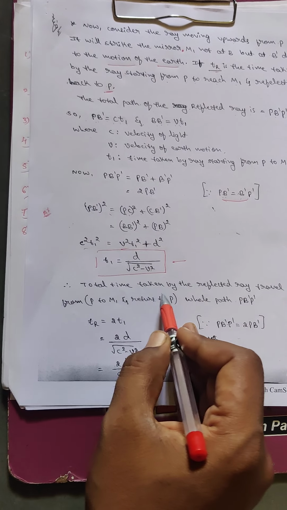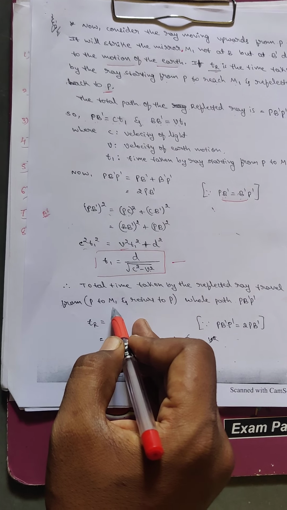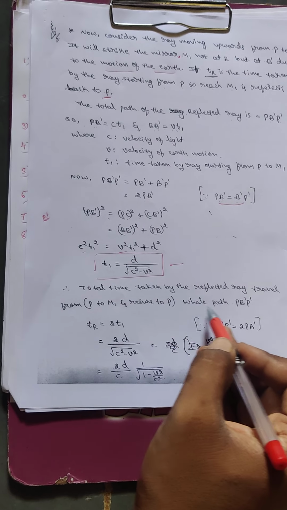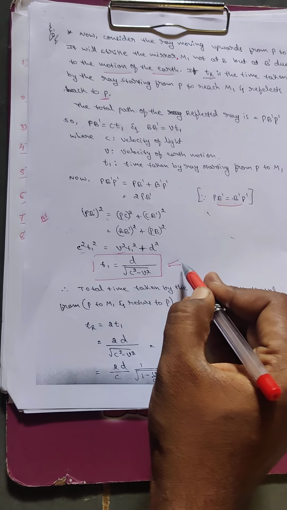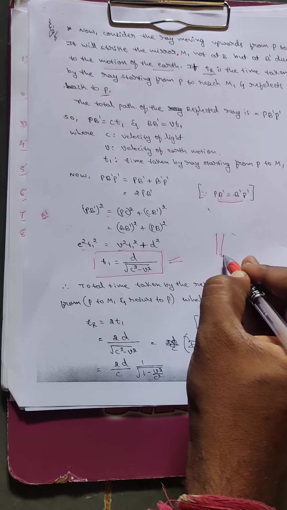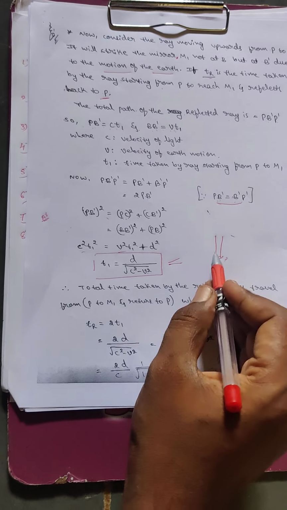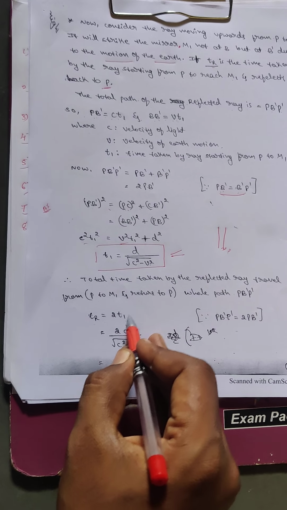Now the total time taken by the reflected ray to travel from P to M1 and return to P, the whole path being P B dash P dash. This is for one path, P to B; B to P again is the same, so it is 2 times this. T_R is equal to 2 T1.